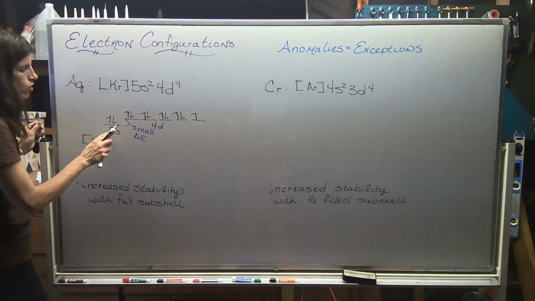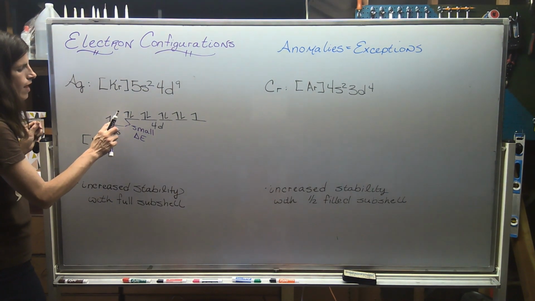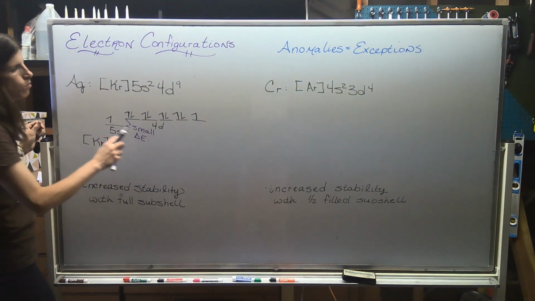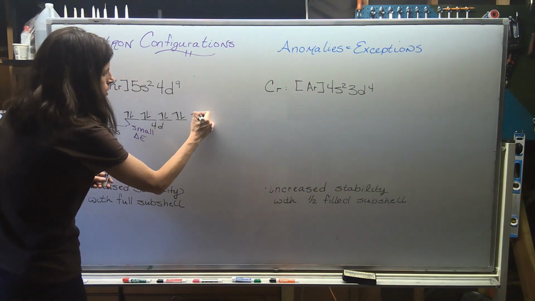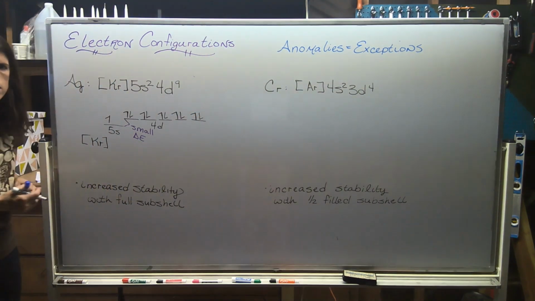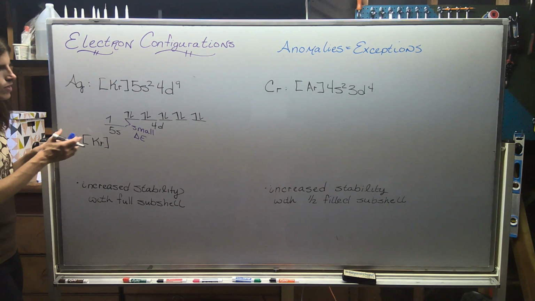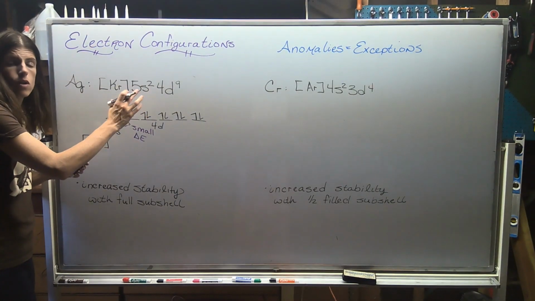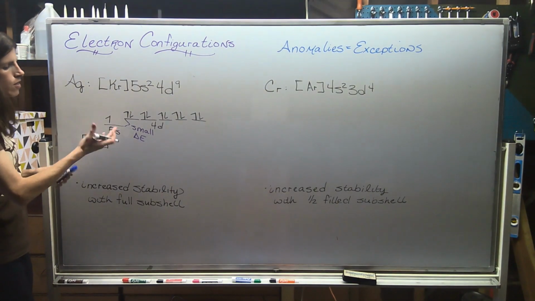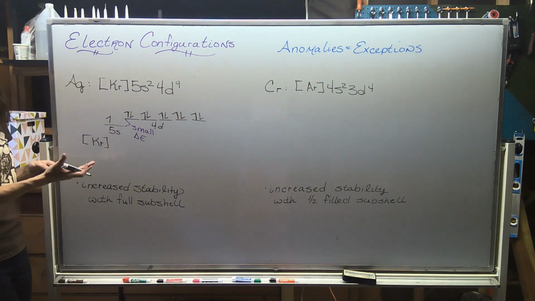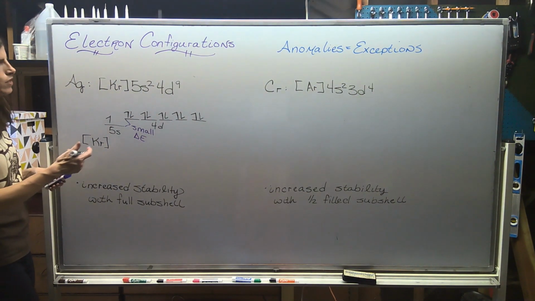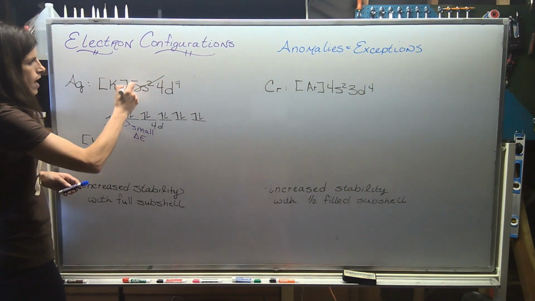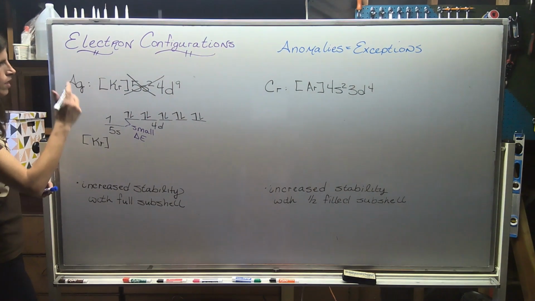So this electron that we would think would be in the 5s actually moves over to the 4d. And that creates this full subshell. Our core is full. And then we just have a random electron hanging out in the 5s1. So let me cross this one out because this one's wrong.